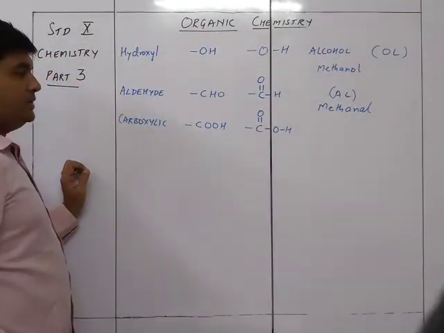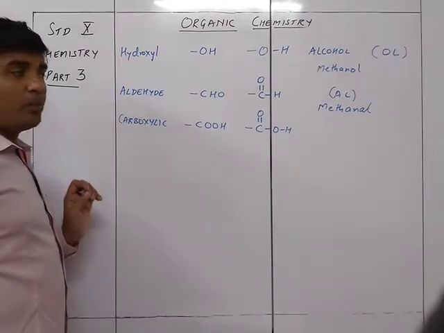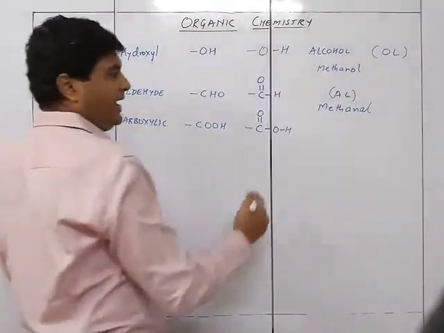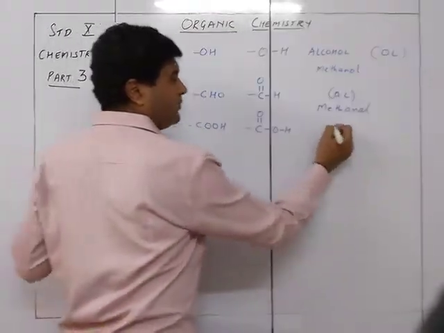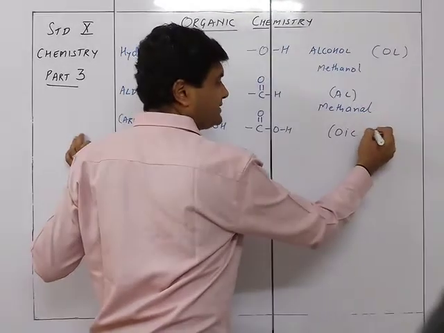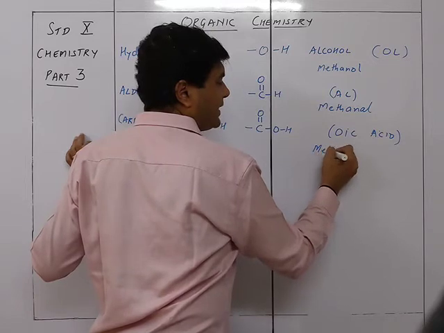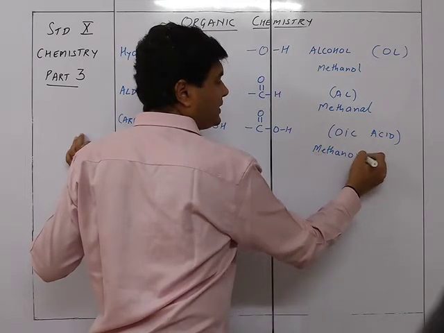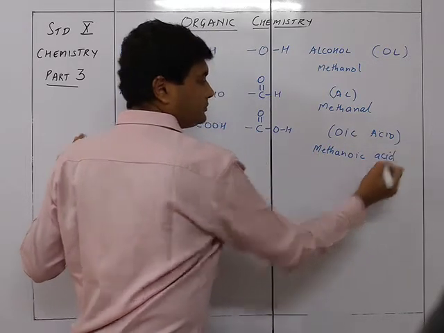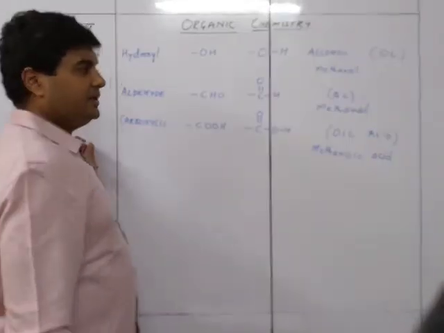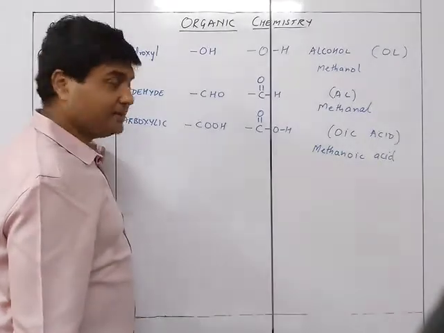This is called a carboxylic acid. The suffix added here is OIC acid. That's why it will be methanoic acid. This is an example of a carboxylic acid.